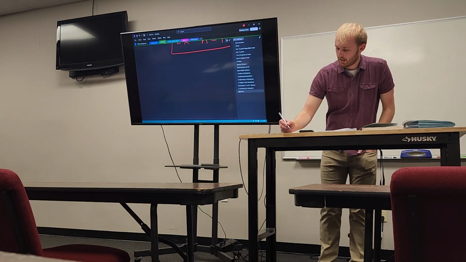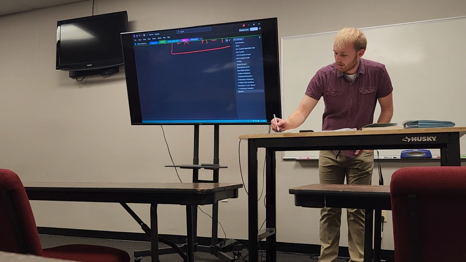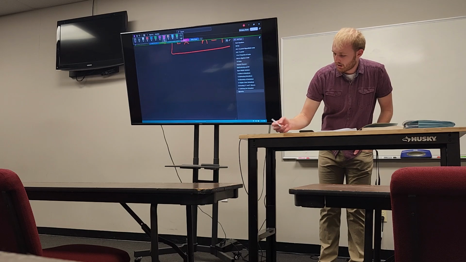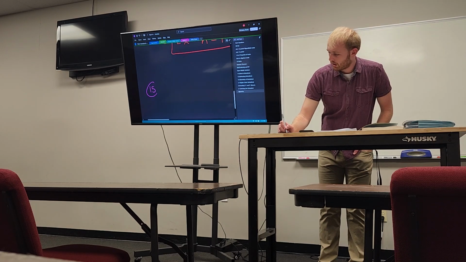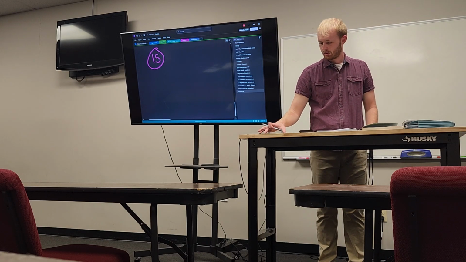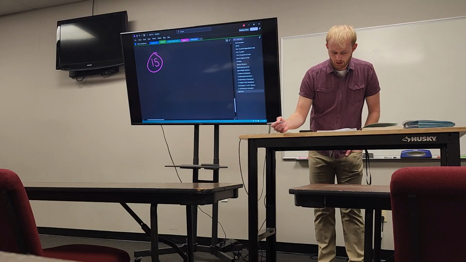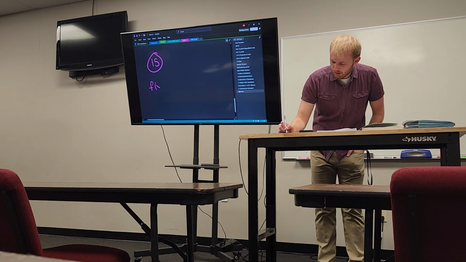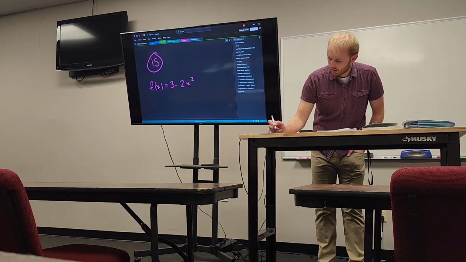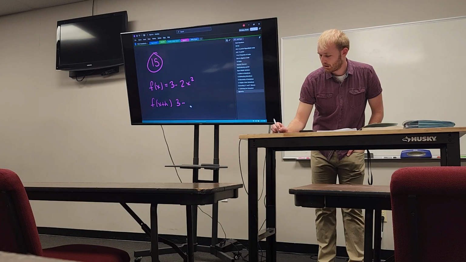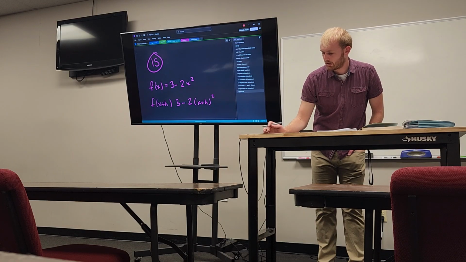Okay, let's do 15. Should be negative 4x plus 2h, sorry. 3 minus h squared plus x. Should be 3 minus. It should also be minus. So should both 3's be minus x squared plus 2hx? Oh, all of these are negatives. Yeah, so the entire thing is minus.